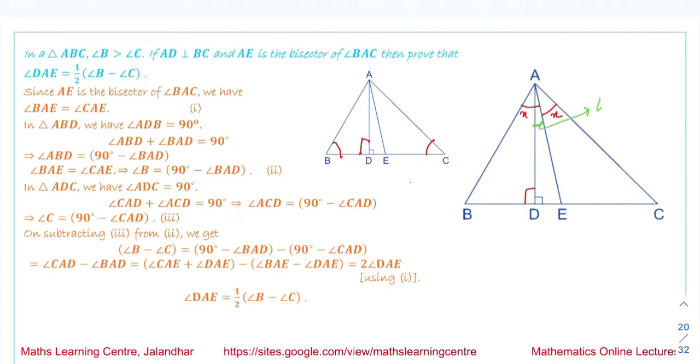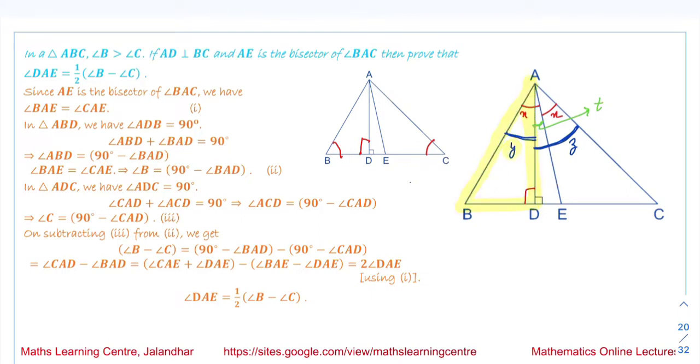Suppose the value of this angle, we are saying it is T, is equal to 1 by 2 (angle B minus angle C). Now if we write this angle over here, suppose we are saying it is y, and the value of this angle over here is angle Z. So in the triangle ABD, I am talking about, this is a right angle triangle.